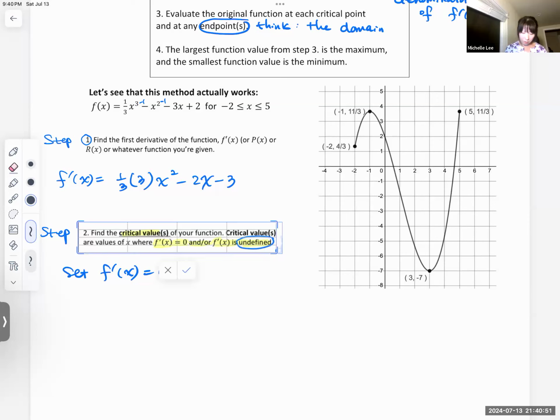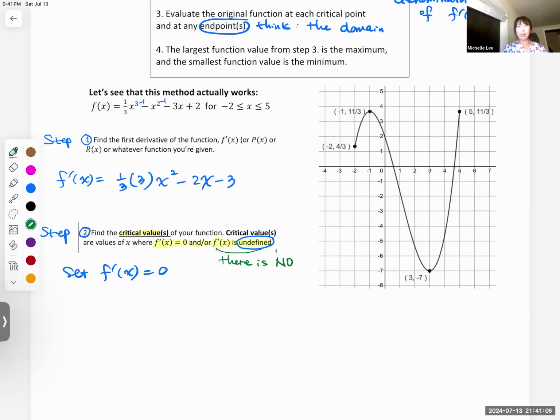There is no undefined case. All right, so we have f prime of x.